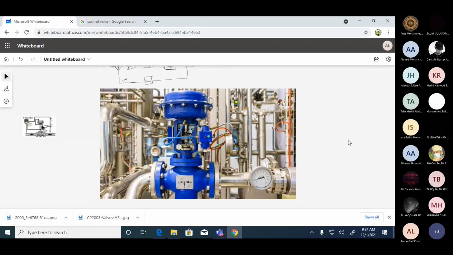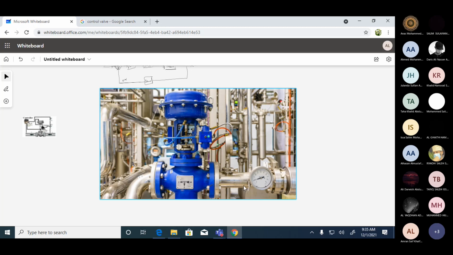What you're seeing here is an example in a pipeline. In this pipeline, you can see this blue color. This is a valve, and this valve is what we're going to study, because you are going to see hundreds of them in the flow lines wherever you're going to work.